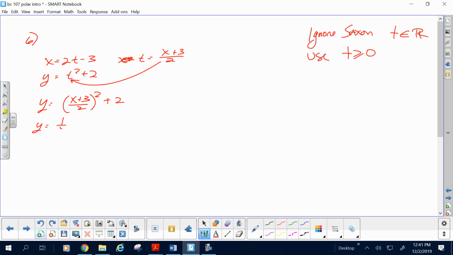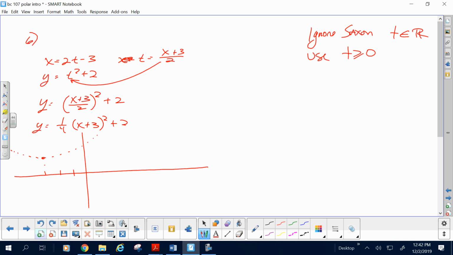Well, y is 1/4 times x plus 3 squared plus 2. You follow me? Rough that in. The graph is shifted left 3 and up 2, and it's a wide parabola, possibly. And that's the path.